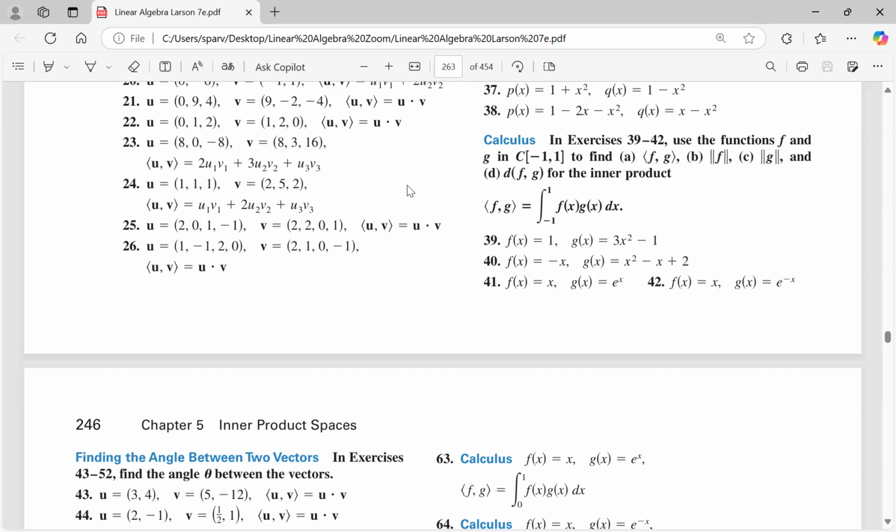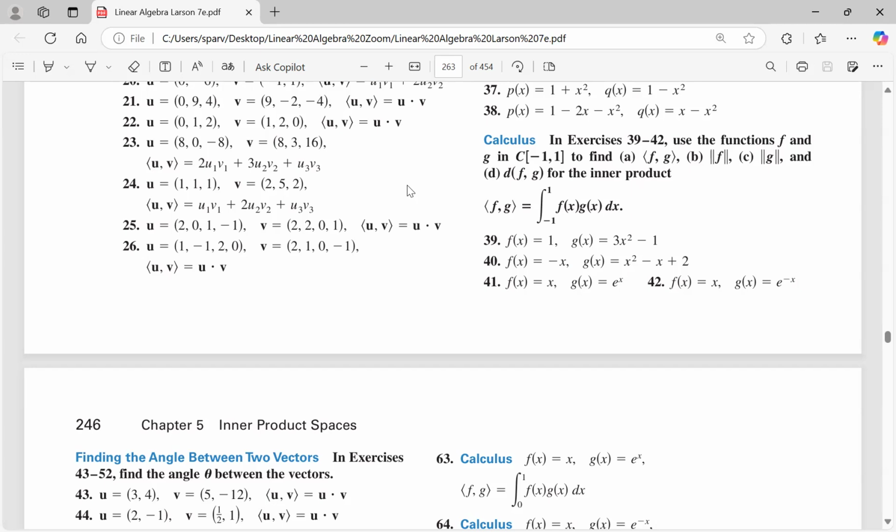And in part C, the magnitude of g. And finally, in part D, the distance between two functions, something that is hard to interpret unless we graph both functions and look at the area between them, how large or small they are.